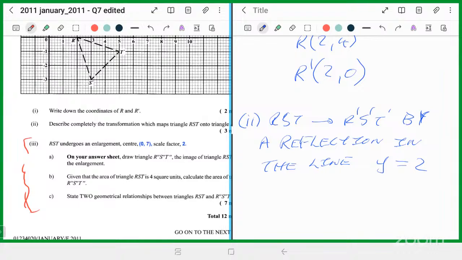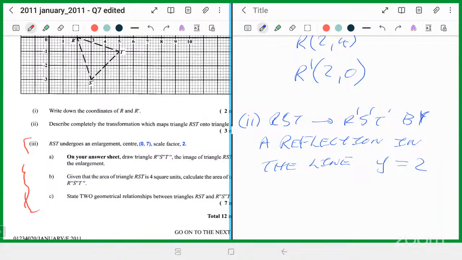Since the scale factor is 2, the points are going to be pushed twice the distance from the center of the enlargement. And this is a positive scale factor, so it's pushing it away from the center, not onto the opposite side of the center. The sides are going to end up doubling. But the best way to construct it is to know that the 2 is going to double the distance from the center of the enlargement.